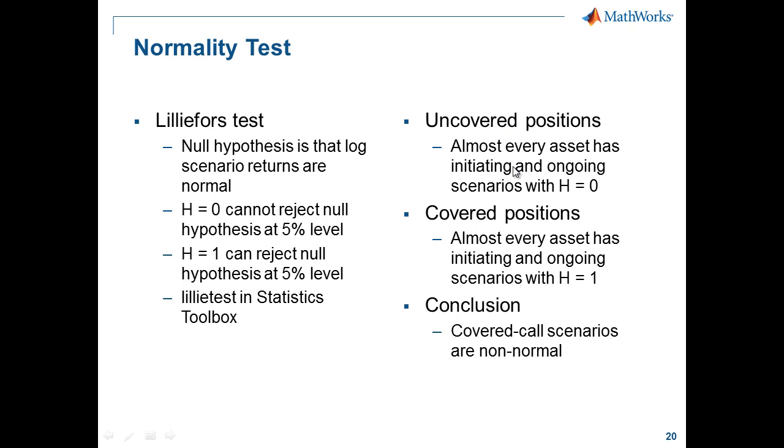If you run it on the uncovered positions, the null hypothesis is that these returns are normal, and you get a test statistic that basically says you can't reject that hypothesis at the 5% level. However, in the covered positions, almost every single asset, you get some exceptions, but across 26 assets, it's usually 24, essentially give you a test statistic of 1, which rejects the null hypothesis, which essentially concludes that these scenarios are definitely non-normal.